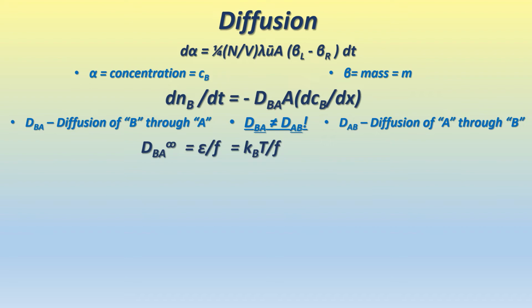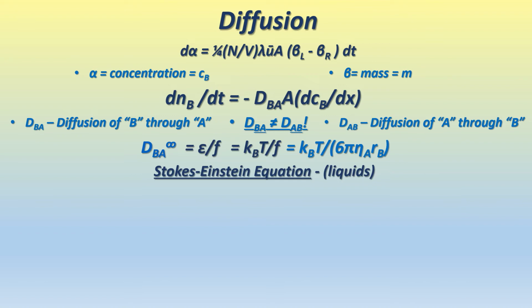For an individual particle, the energy that particle has to move is always kT, Boltzmann's constant, times the temperature. The friction depends upon two things. It depends upon the viscosity of the solvent and the size of the solute. So your friction component is 6 pi times the viscosity of the solvent times the radius of the solute. Either a thicker solvent or a bigger solute will diffuse slower.